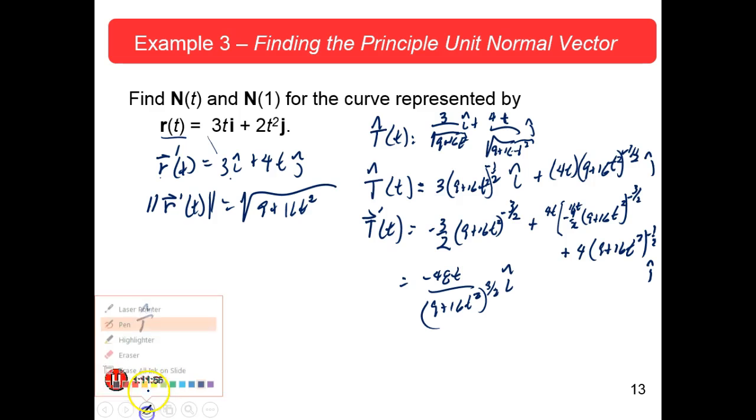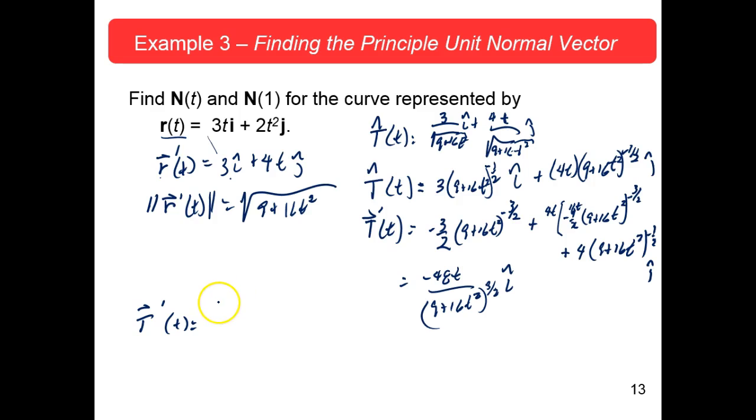Here I want to do it again. Again, I'm going to put this as a vector rather than a unit vector. T prime of t is then going to be, all right, I already got the first term done.